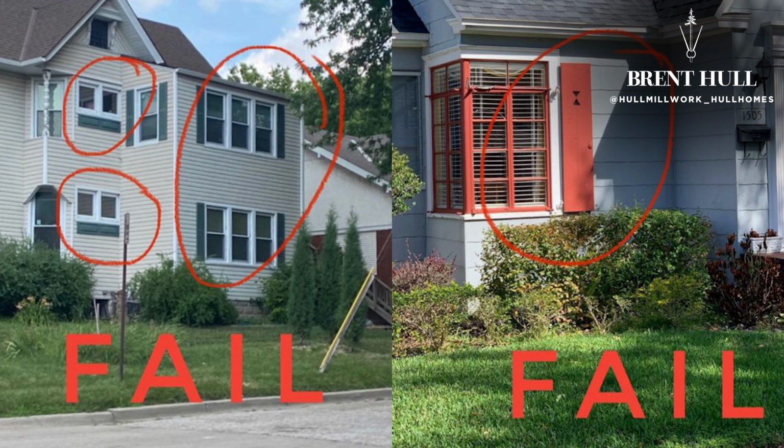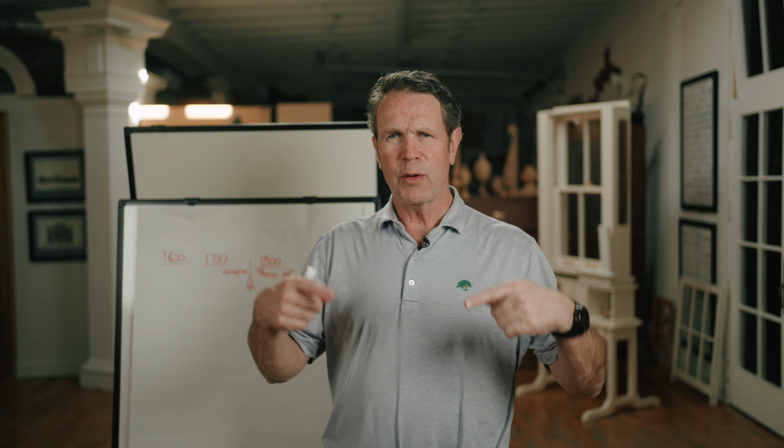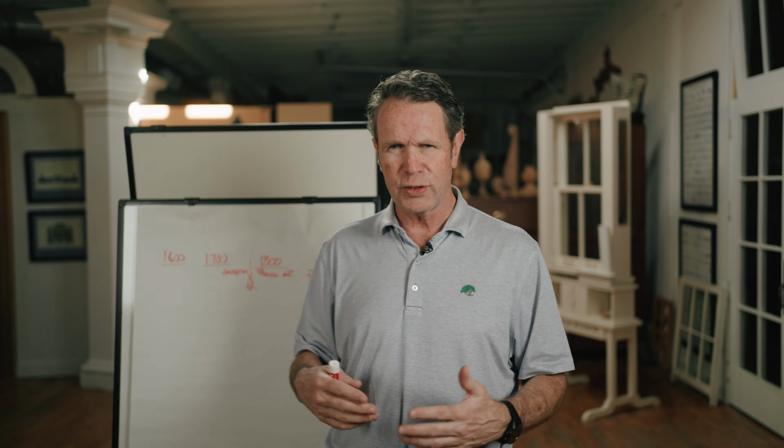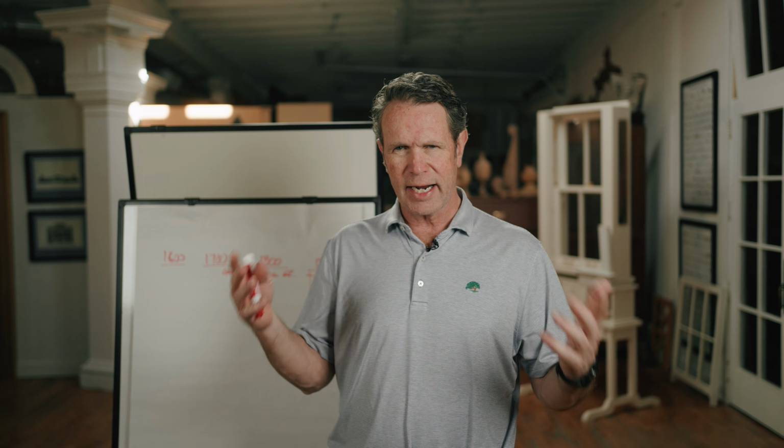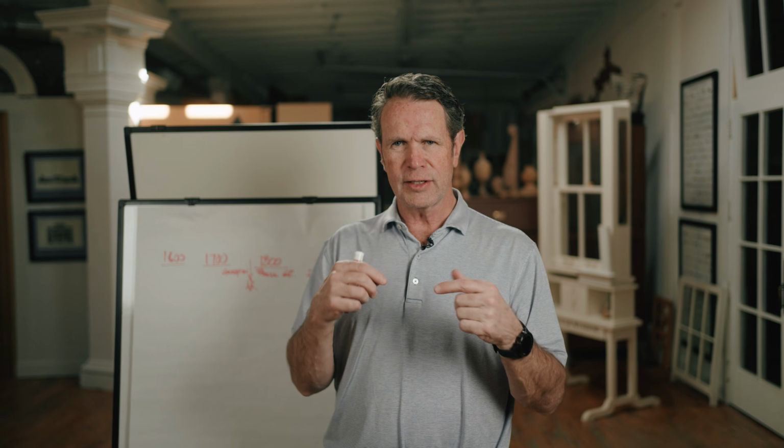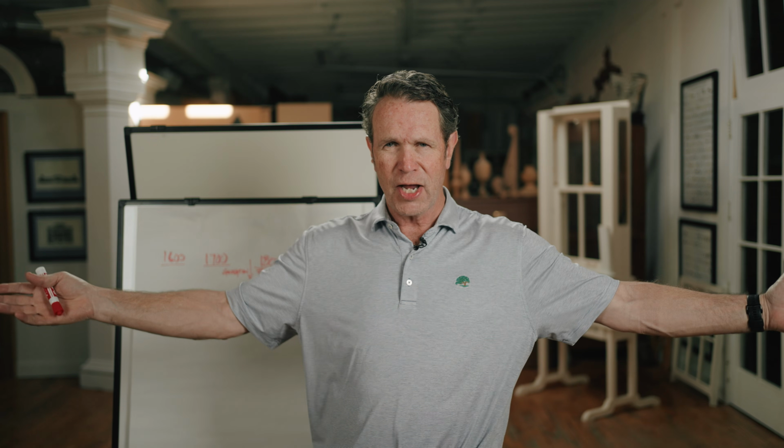Crafts and Blog, Steve down in Florida, does a great job of showing all the different fails with the shutters and what's going on there, and it's something we mess up today. So if you can start getting some of these details right, the porches right, the balusters right, the sizing right, shutters, hardware, all of these different elements, each one is a 1%, 2%, 3% thing, but you do 10 of them and your house is 20, 30, 40% better.